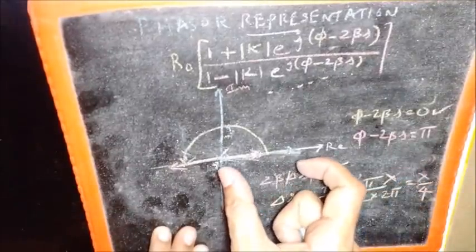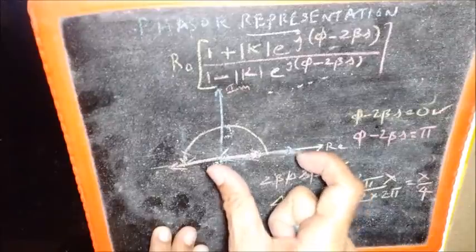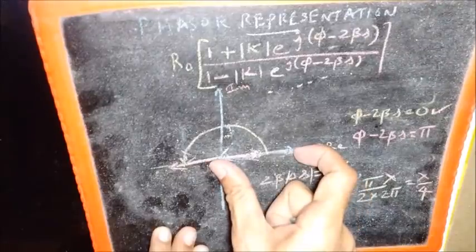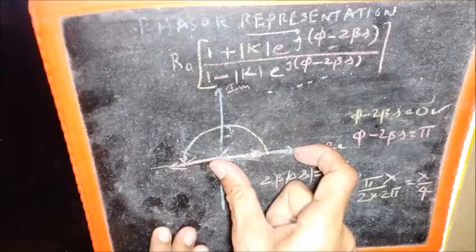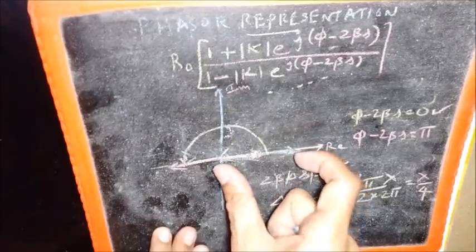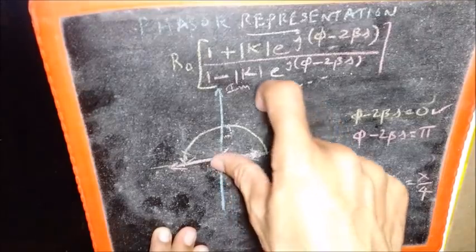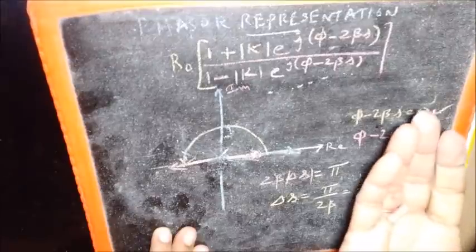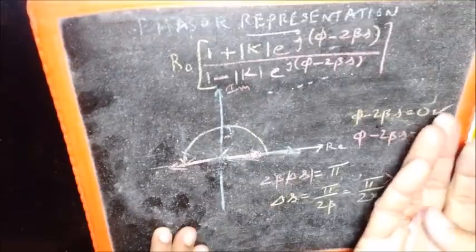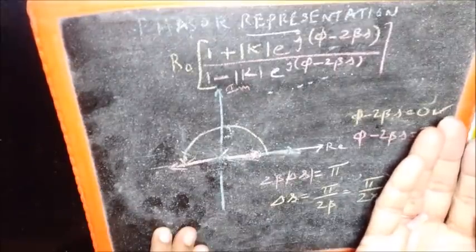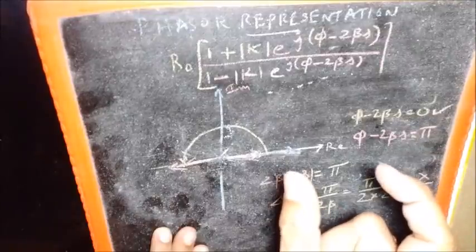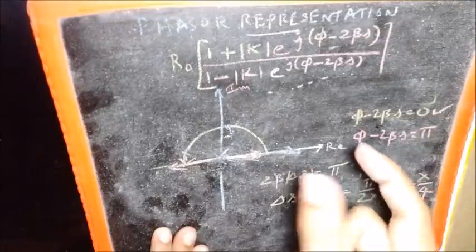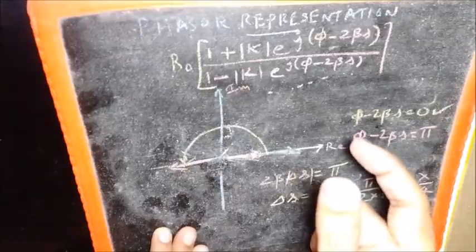Because when phi minus 2 beta s was 0, the input impedance or the line impedance was Rmax. And when phi minus 2 beta s became pi, the impedance became Rmin. And we know that the distance on the transmission line between Rmax and Rmin nearest is lambda by 4.